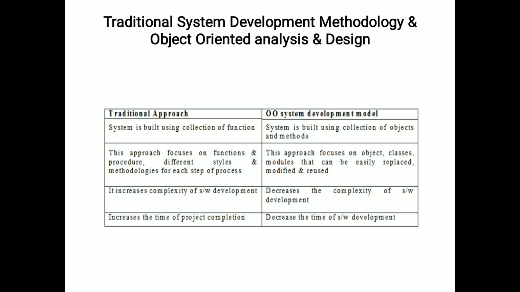And in object-oriented approach, it focuses on objects, classes, modules that can be easily replaced, modified, and reused. Traditional approach increases complexity of software development, and object-oriented approach decreases the complexity of software development. Finally, the traditional approach increases the time of project completion, and object-oriented approach decreases the time of software development.